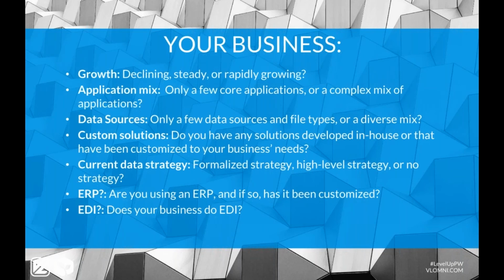What's your application mix? Do you have a few core applications? Is data moving efficiently between all those applications? Or do you have a really complex mix of applications? More and more, what we see today is that most scaling businesses have between 5 and 7 applications, and only half of those end up being integrated, and for the rest, the data moves manually.